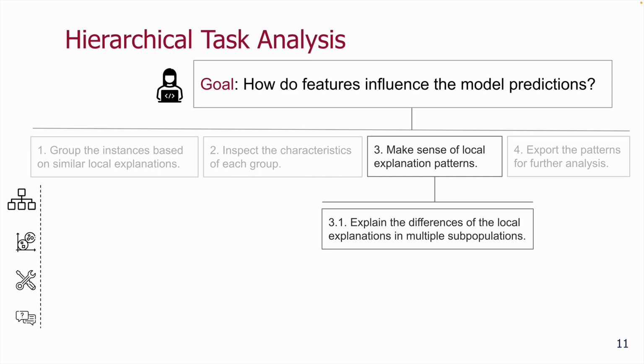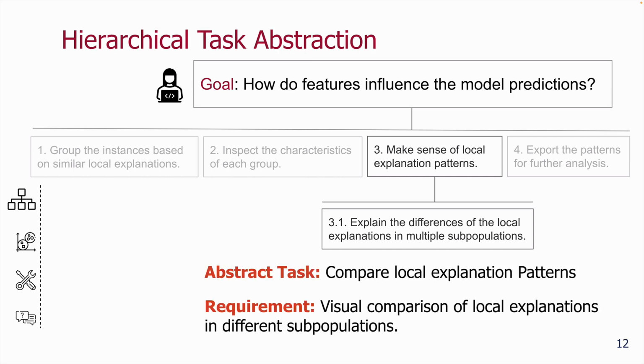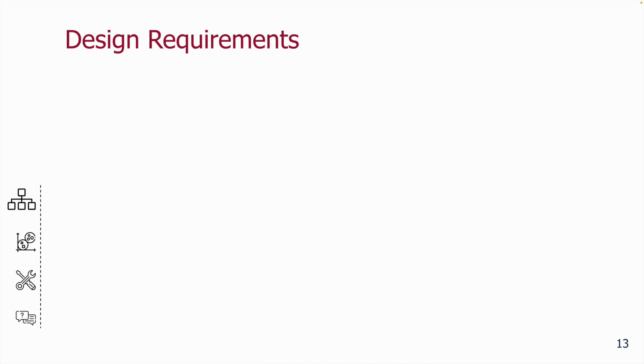For example, to make sense of local explanation patterns, a data scientist wants to explain the pattern differences from different subpopulations. Based on this, we then extract an abstract task of pattern comparison, which leads to one of the design requirements of visual comparison of local explanations.